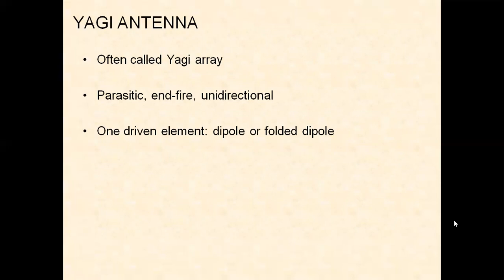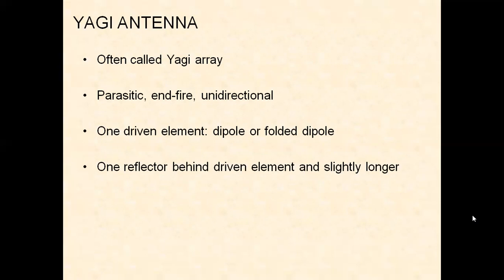One driven element, we can use a dipole, half-wave dipole, or a folded dipole. We normally use a folded dipole to increase the radiation resistance of an antenna for proper reception of the signal. One reflector behind the driven element and slightly longer.